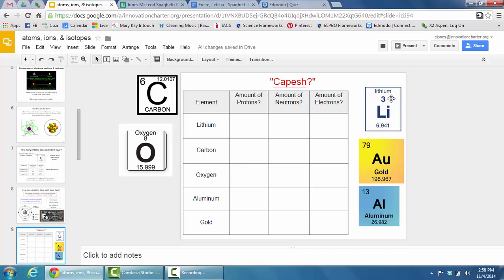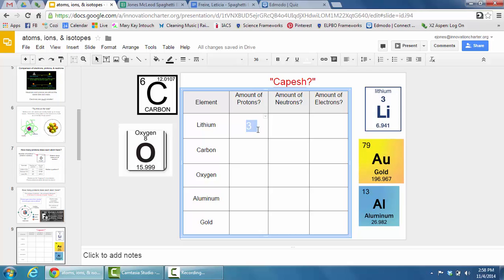We see that it has an atomic number of 3. So it has 3 protons. And we know that if we have 3 protons, we're going to assume that it's a neutral atom, and it has 3 electrons.